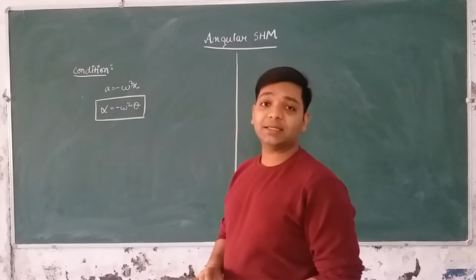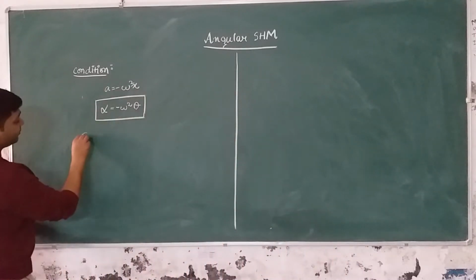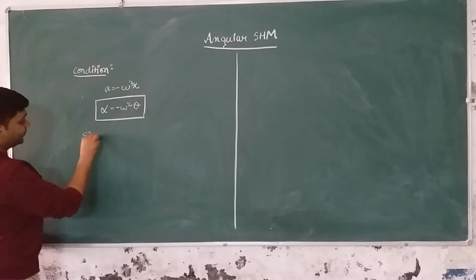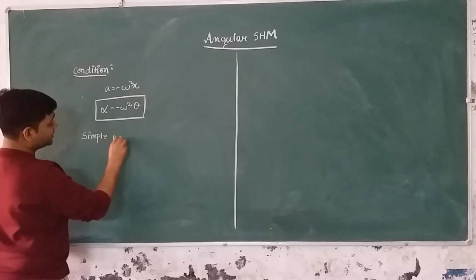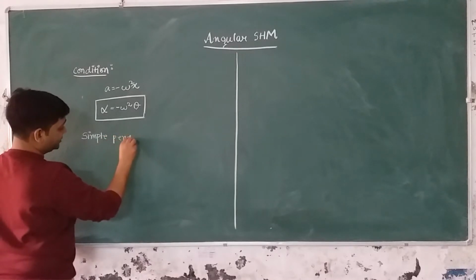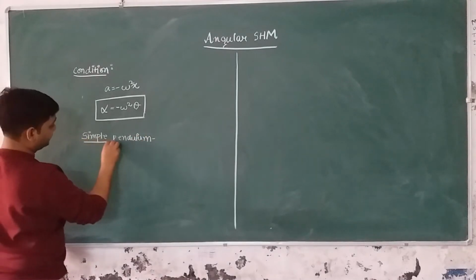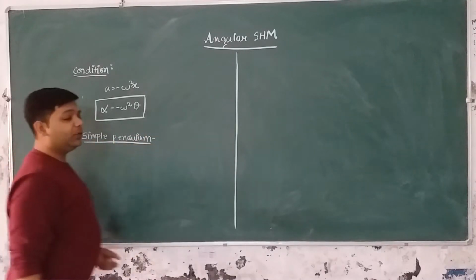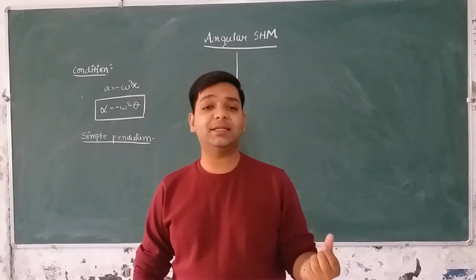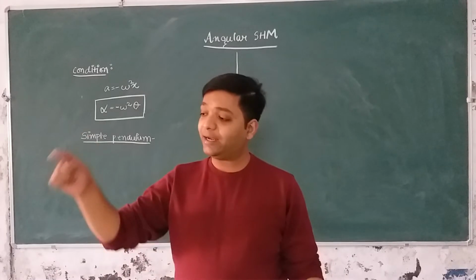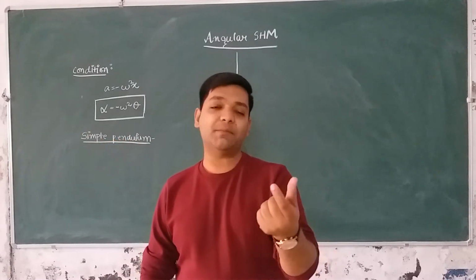So now let us discuss the simple pendulum. Please write down the heading simple pendulum, and we will see how it performs angular SHM. So what is a simple pendulum? I hope you all know that it has a light, inextensible or massless string, and at one end of the string a bob, which is a mass.